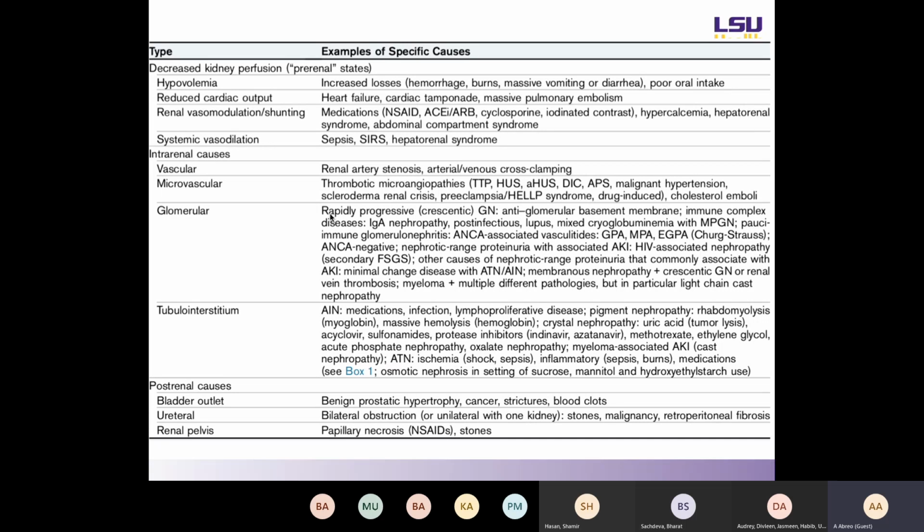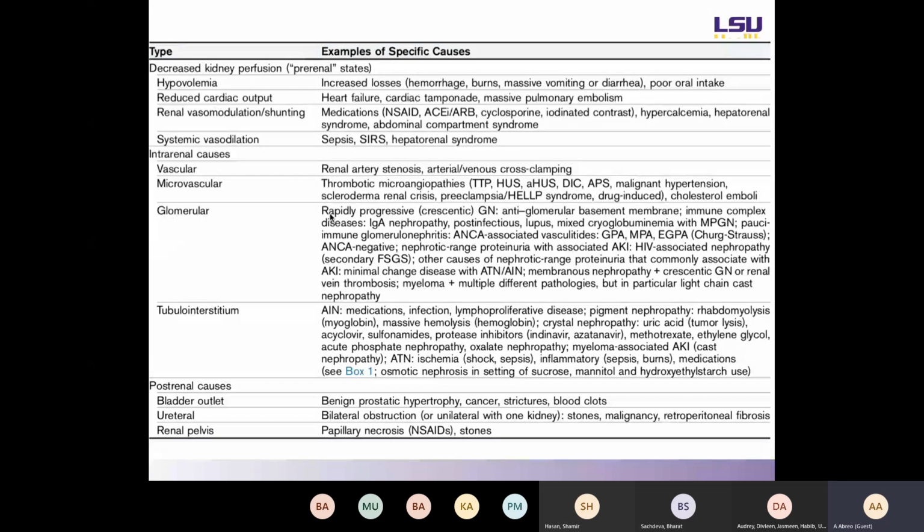Then we have our tubulo-interstitial diseases, including AIN, rhabdo, the patient that's found down, or had major trauma. When you're called to the SICU to see a patient, always make sure that you're ordering a CK, especially if there's some trauma involved. And then ATN is going to be the most common cause of in-hospital AKI. So lots in the tubulo-interstitial category.